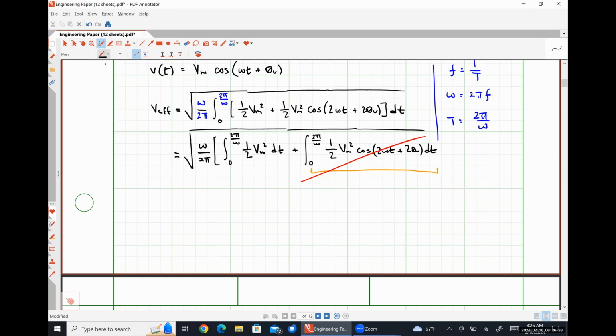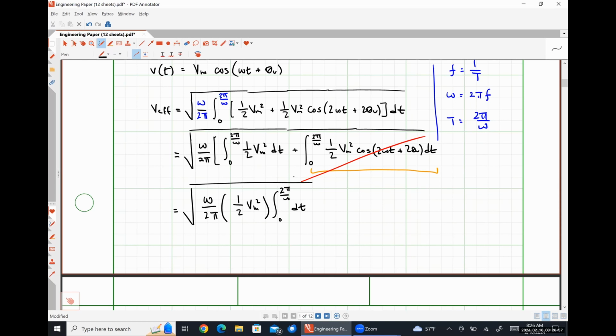Well, 1/2 and Vm squared are literally just constants, so we can pull them out of the integral. And so that's going to give us the square root of omega over 2 pi times 1/2 Vm squared times the integral from 0 to 2 pi over omega dt.